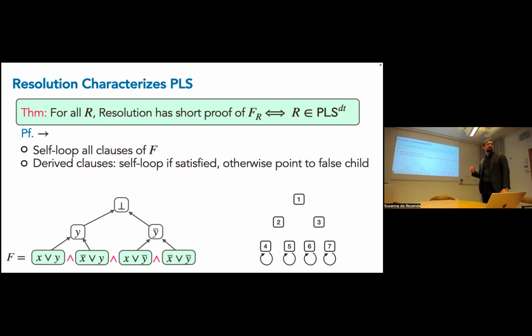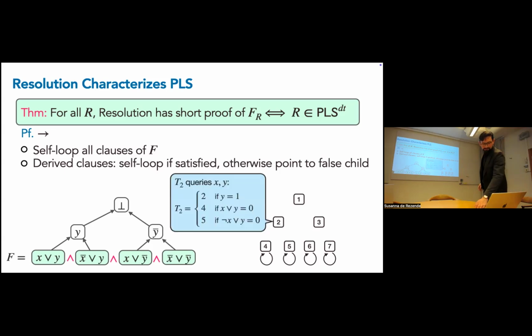So you've probably seen this a bunch if you've worked in proof complexity, these strategies for proving depth lower bounds or something. You start at the root, which you know is always false, and you walk to the falsified child. And this is just what we're doing here.